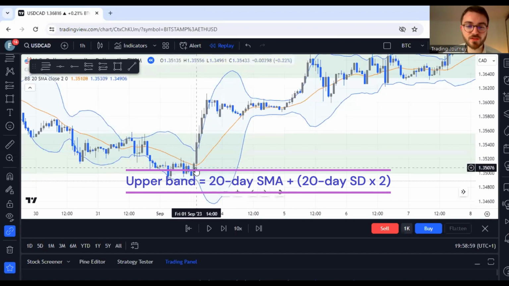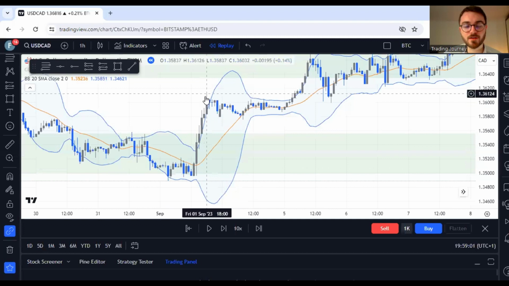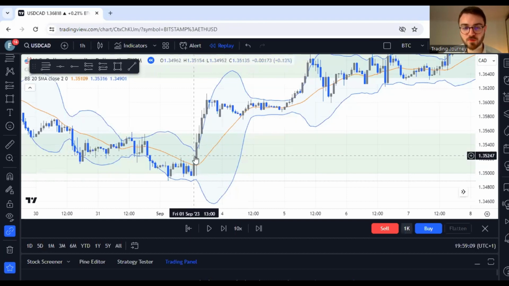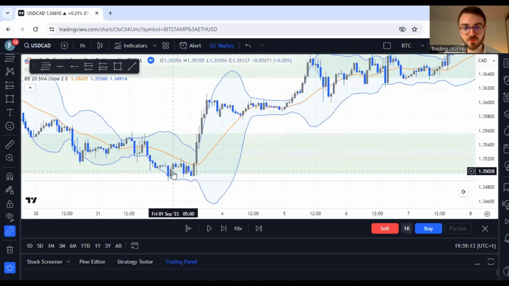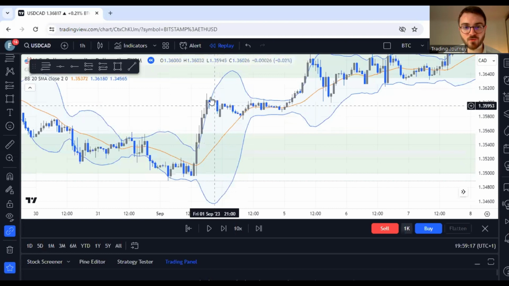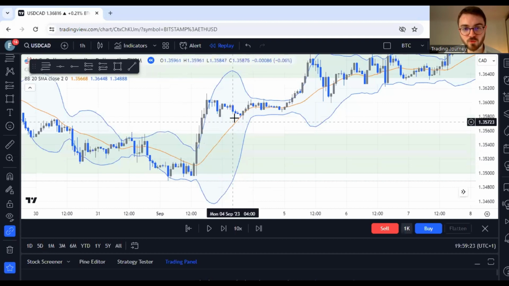So in other terms, if the market moves away from the moving average, the upper band will allow us to measure the distance of volatility, between what the price volatility was in here, moving in a certain range of price, to what it is now, where you can see sometimes the price moves really far away from the normal moving average.